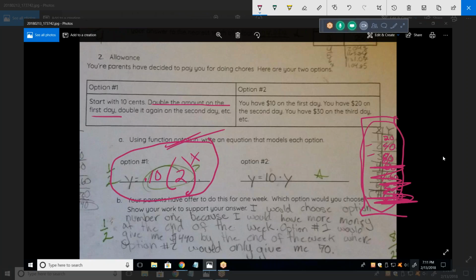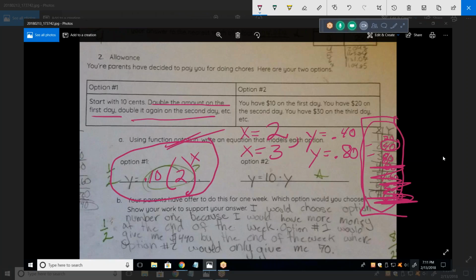Now, double it again on the second day. So when x equals 2, what does y equal? 40. And it should. That's 40 on day 2. And when x is equal to 3, what is y equal to? 80. 0.80, I guess, or else 80 cents.